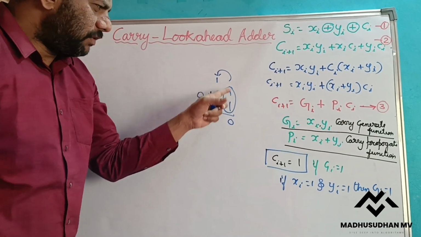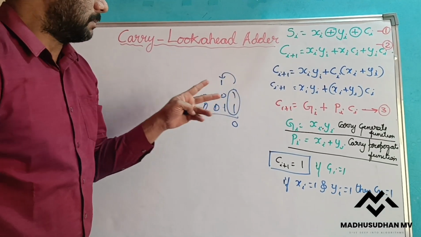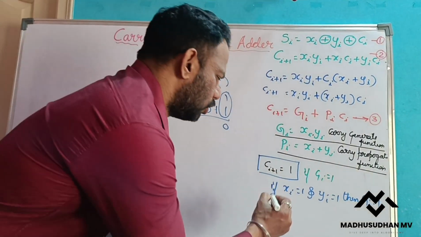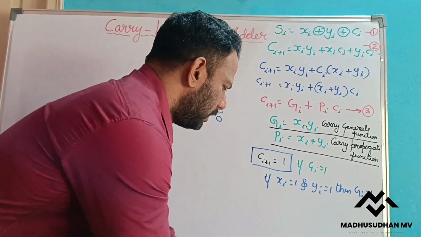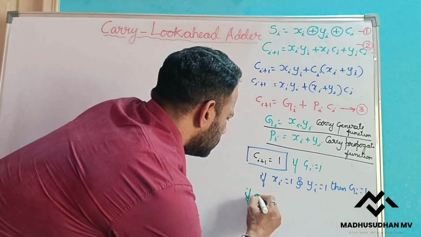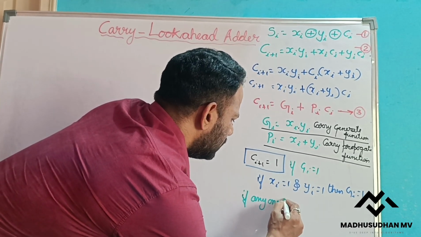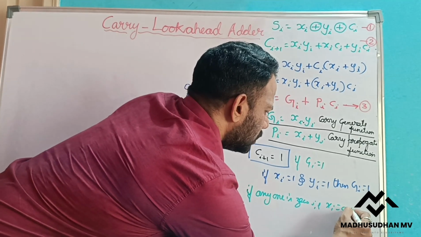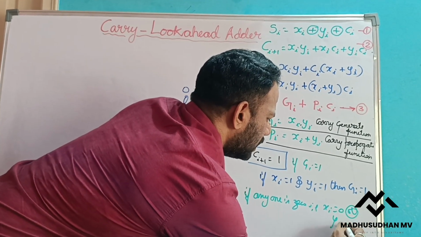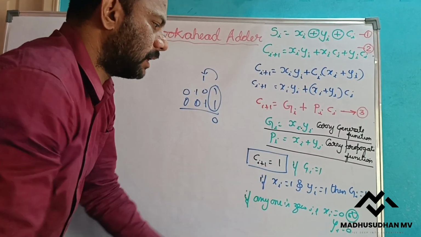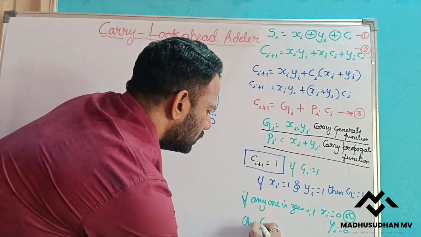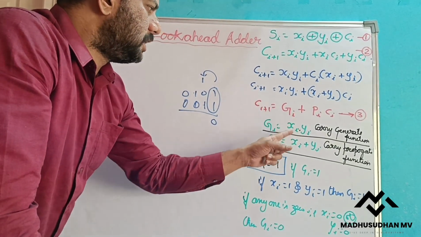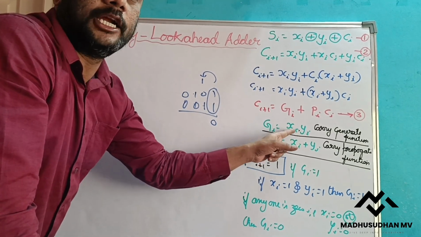Now, both bits are not always 1. Sometimes both are 0 or any one is 0. If any one is 0, what happens? That means xi is equal to 0 or yi is equal to 0, then gi is equal to 0, because gi is equal to xi into yi.